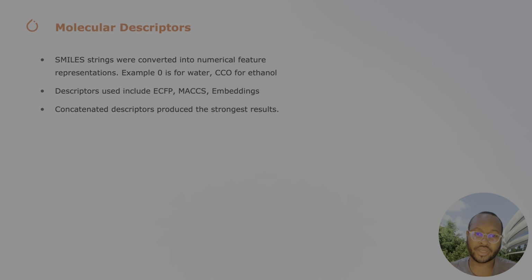A descriptor that I use, of course, is embeddings for transformer-based models, and I also experimented with concatenating them. Concatenation actually led to promising results. What we understood is that this particular step significantly impacted the model's performance. If you don't handle featurization properly and represent the SMILES well, you will end up with a model that might not generalize well.